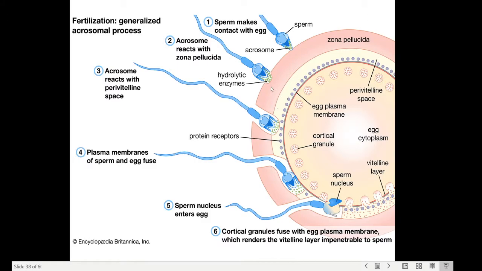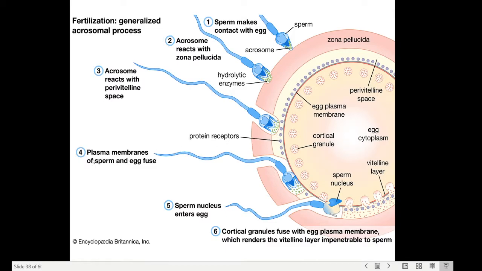After the release of the cytoplasmic particles, they damage the cell surface of the oocyte; that is a hydrolytic enzyme. The hydrolytic enzymes interact with the cell surface receptor and make an interaction with the oocyte. Then the third step is the acrosome reacting with the perivitelline space, the intercellular space that has many protein receptors. Those protein receptors interact with the surface receptors of the sperm cells.